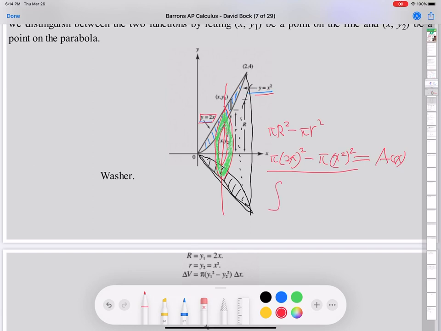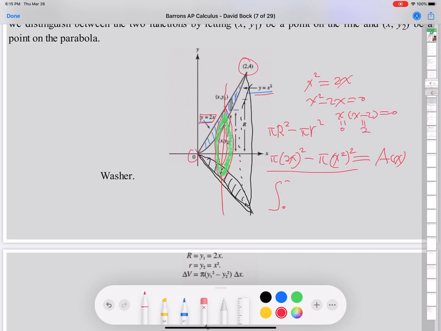from the lower limit of x equals 0 to the upper limit of x equals 2, because x squared and 2x have intersection points at 0 and 2. Factor this: x times (x minus 2) equals 0, so x equals 0 or x equals 2.